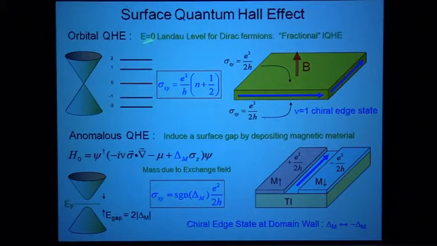And so that doesn't give you Landau levels, but it breaks time reversal symmetry and opens up an energy gap at the surface. And in fact, this is a very nice route to engineering this integer quantum Hall effect in a system.